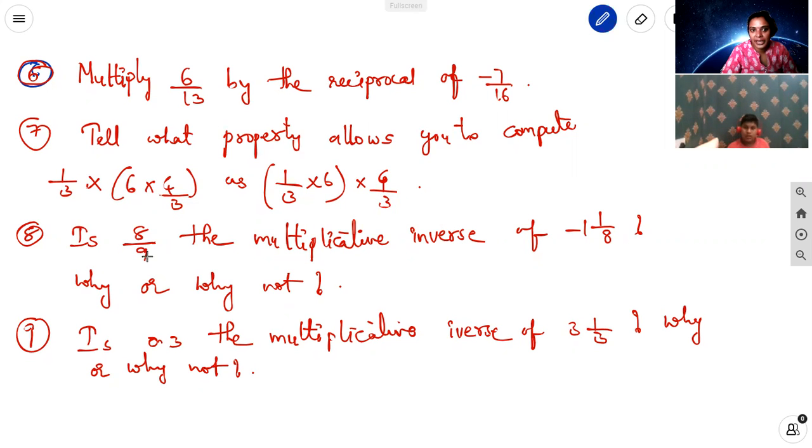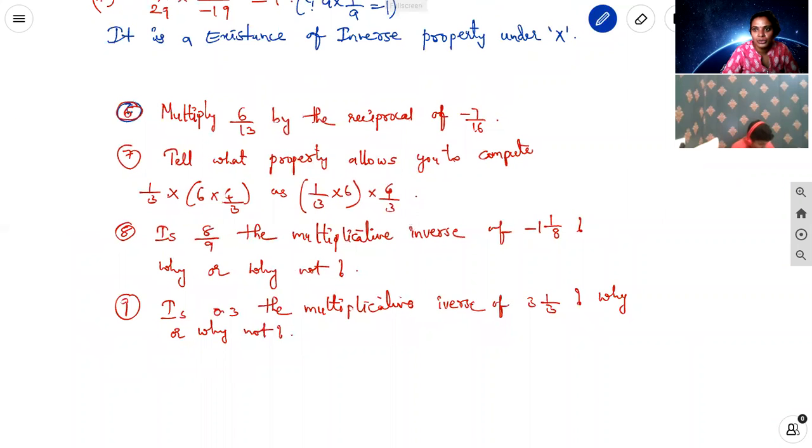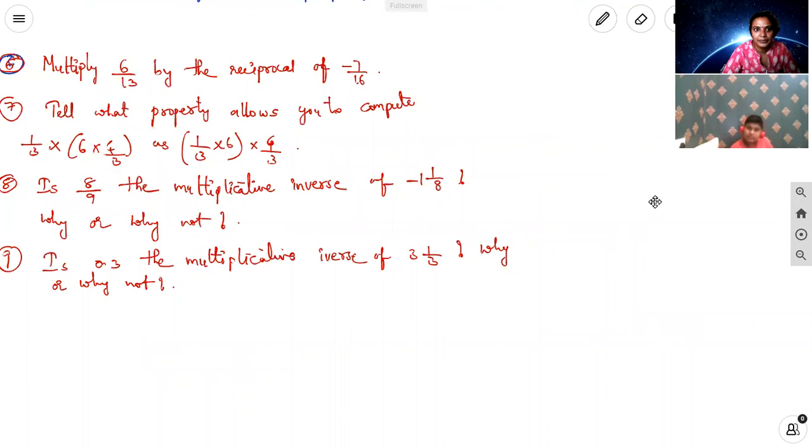Eighth one: is 8 by 9 the multiplicative inverse of minus 1 by 8? Why or why not? Is 0.3 the multiplicative inverse of 3 1 by 3, the mixed fraction? Why or why not? First, read the question at least 2 to 3 times, then you get an idea.